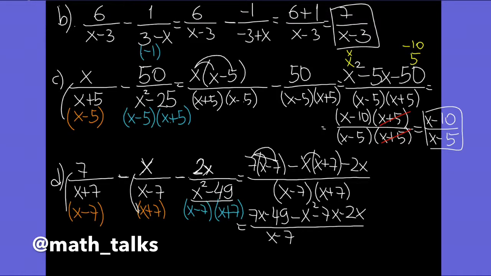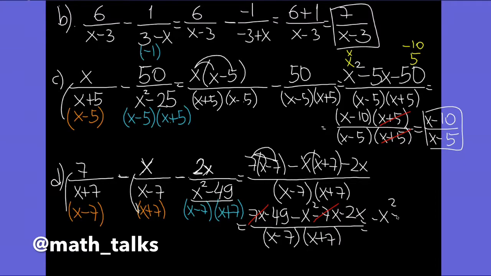Denominator (x minus 7)(x plus 7). Now, like terms: negative x squared, you have to write it in general form. Negative x squared, 7x and minus 7x, they are the same. Look, one of them is positive, the other one is negative, so they can cancel each other directly.